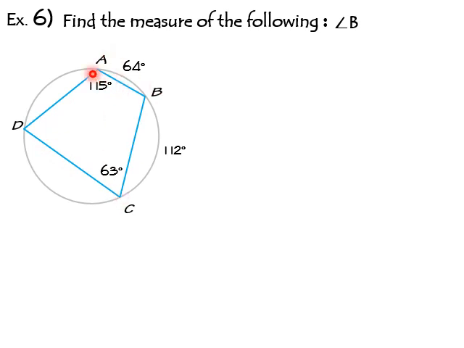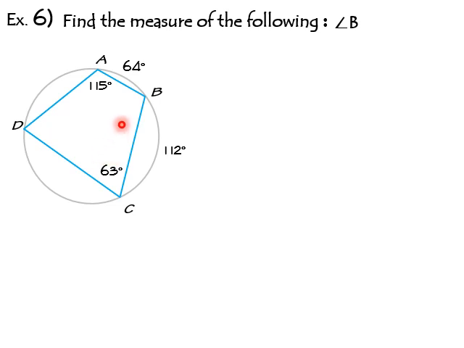We're given the values of arc AB and arc BC. We're given the value of angle A, which is 115, and the value of angle C, which is 63. So how do we solve this? Well, let's take a look.